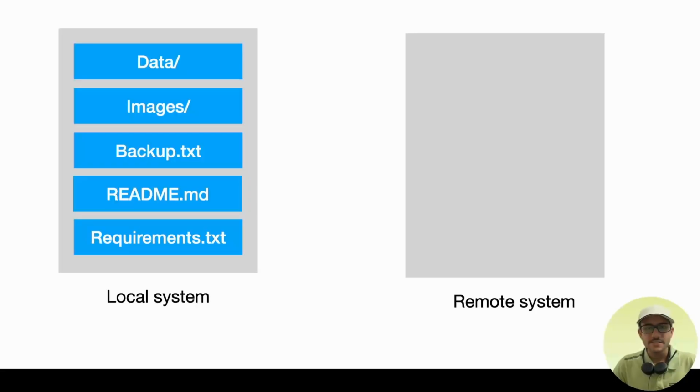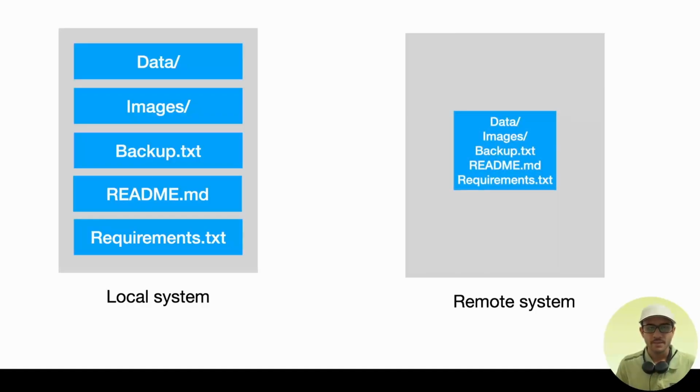Now as we saw in the terminal, we were able to sync our local system and the remote system. Under the hood, rsync is playing very smartly, and I will be explaining how it is doing that. When I run the rsync command, it will create metadata in the remote system first. Let's say I have a data folder, images folder, backup.txt, readme.md, and requirements.txt files.